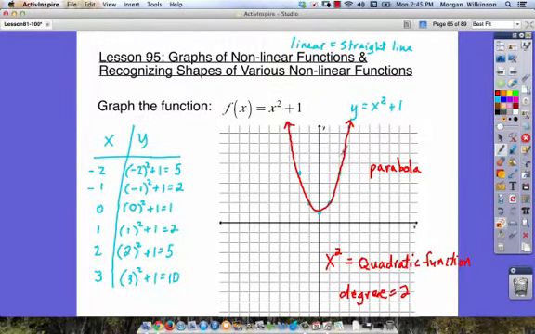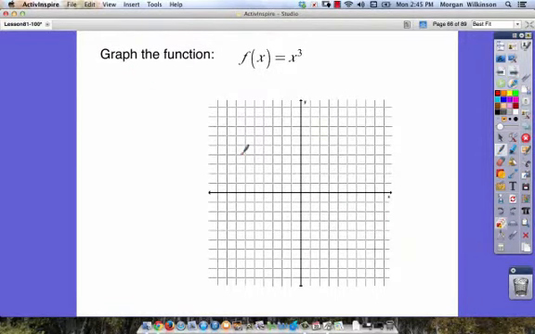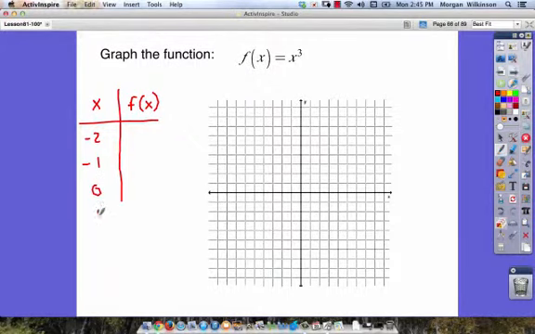All right, let's look at another one. Here we have f of x equals x to the third power. Let's make our table, an x and an f of x. Let's start with -2, and we'll go up to +2.